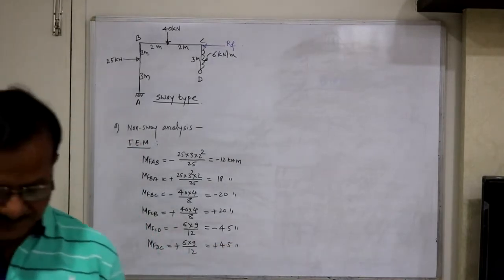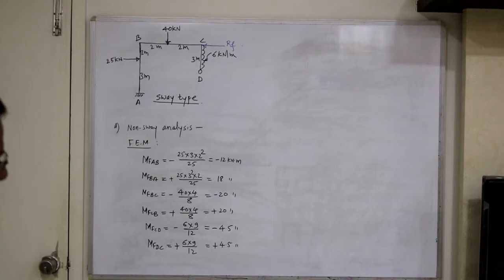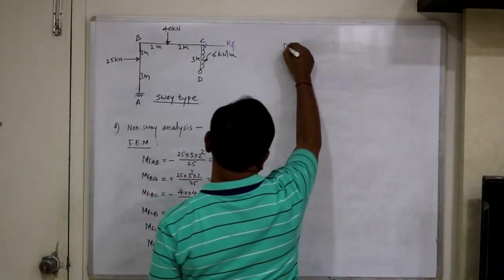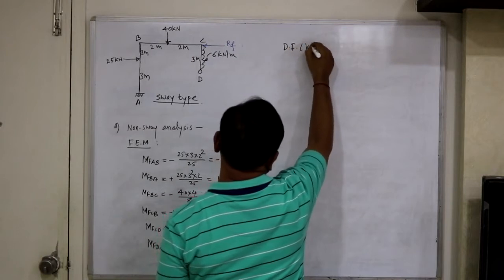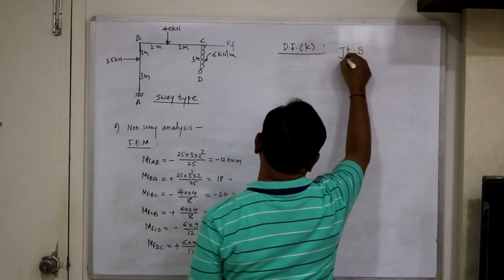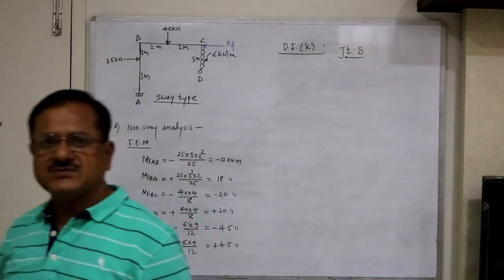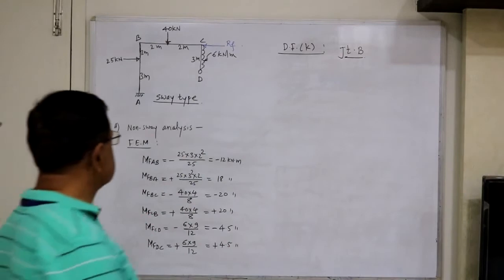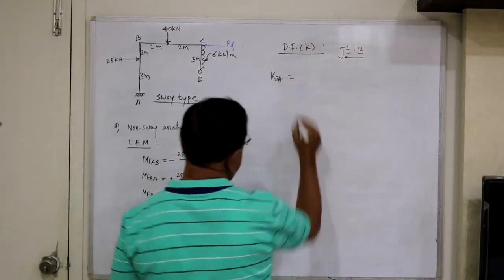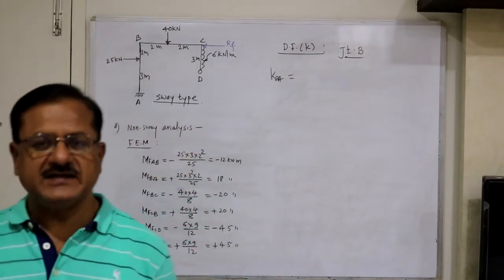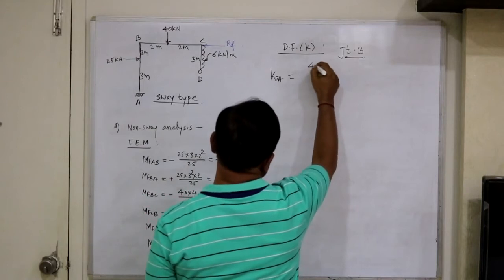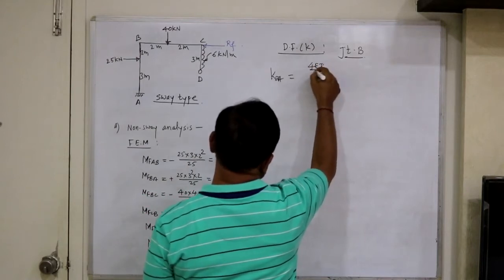So now we have calculated fixed end moments. Next step is to find out distribution factors at joints B and C. At joint B, K BA towards A, the far end A is fixed, so the stiffness of BA is 4 EI divided by 5.